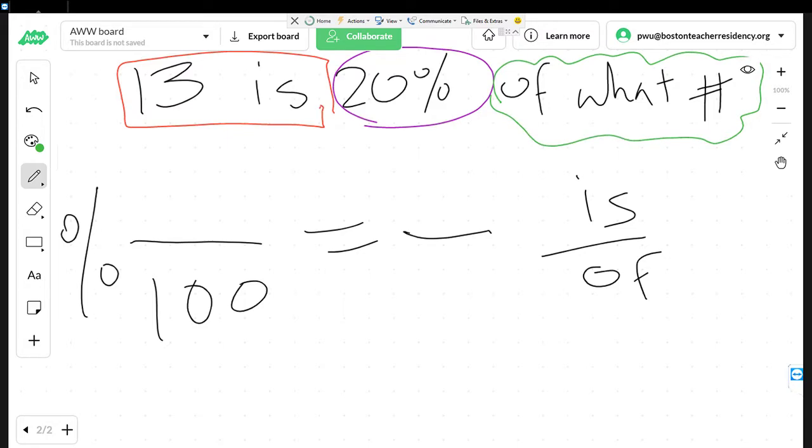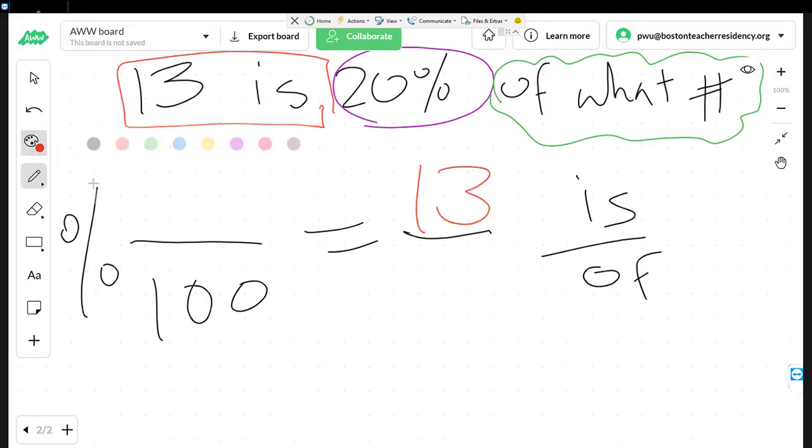So think to yourself and try this out on your paper. Where am I going to put all of these numbers? I'm going to give you 10 seconds to think, and then I'm going to fill in those answers. So our is right here, so we're going to put our 13 here.